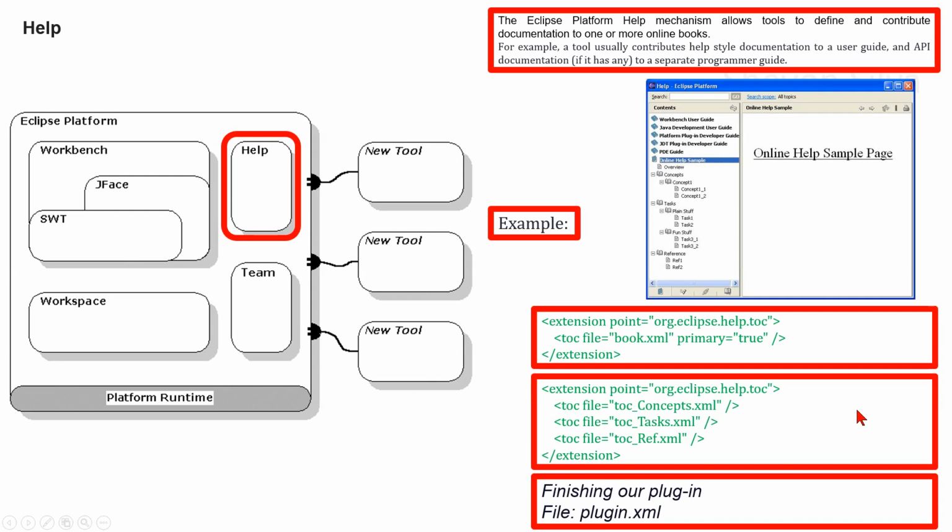That's it. You are done. Now take your plugin and drop it into the platform's plugins directory of Eclipse, and start Eclipse and choose help, then help contents. Once you select the online help sample and expand the topics, you will see the following.